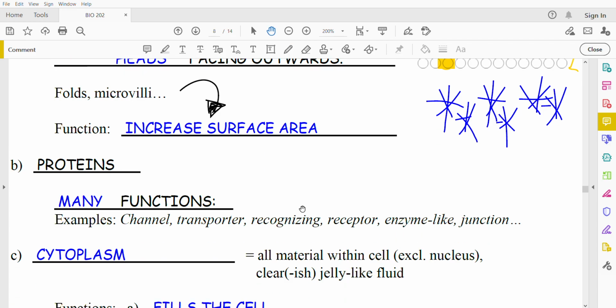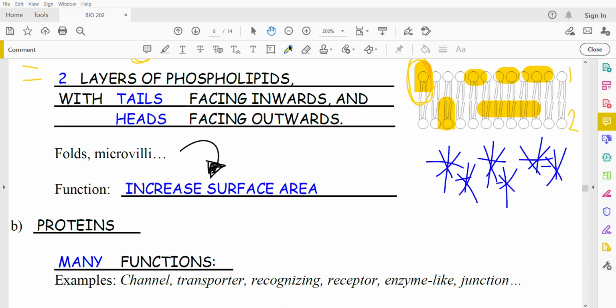The next group that we discussed were proteins. And I'm going to use a different color to highlight them and talk a little bit about proteins with you guys. I know that we've mentioned proteins in 2 different concepts. Now we're looking at the proteins within the plasma membrane.